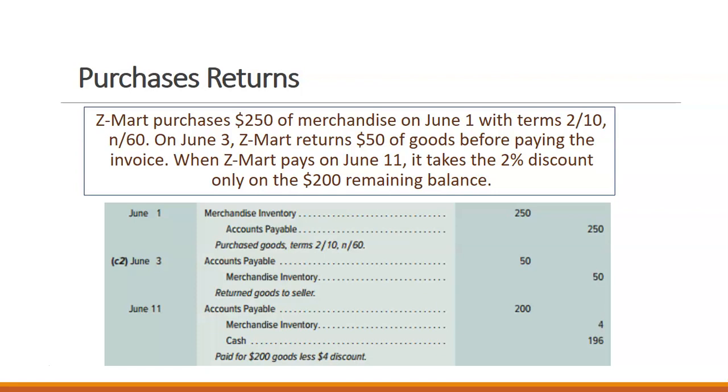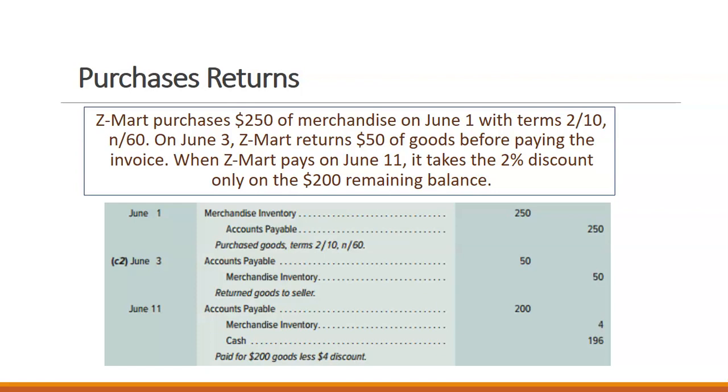If we were to return that purchase, so here we purchased $250 worth of merchandise on June 1st. We record that with a debit of merchandise inventory, $250, and a credit to accounts payable, $250. On June 3rd, we returned $50 of goods before paying the invoice.